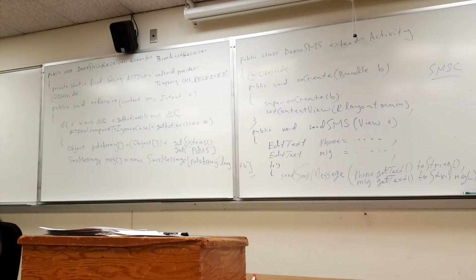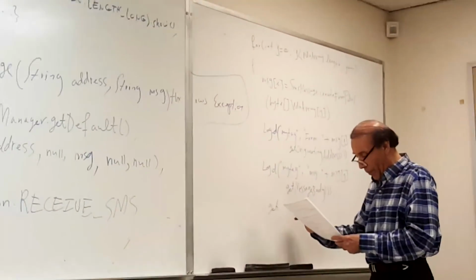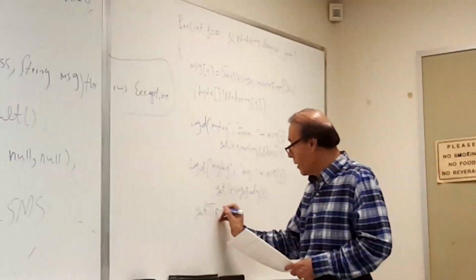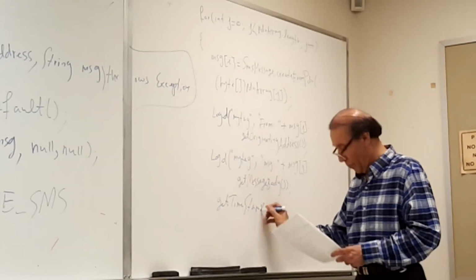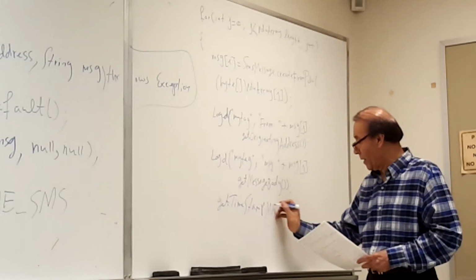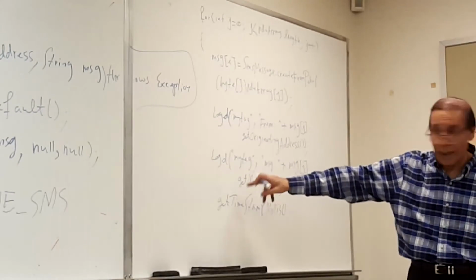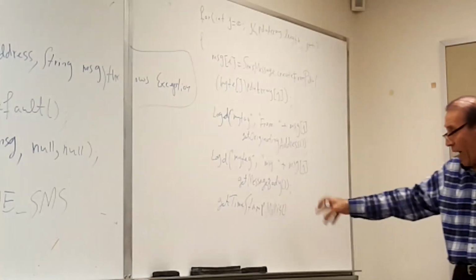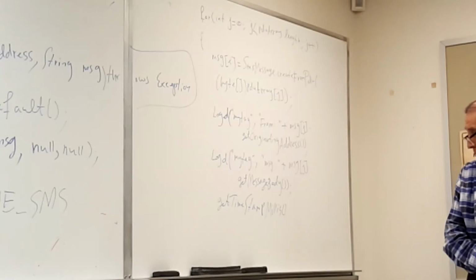If you want to display when the message was received, okay, the timing, there is a method called get timestamp millis. Okay, so you could use another Log.d and say message arrived at get timestamp millis.